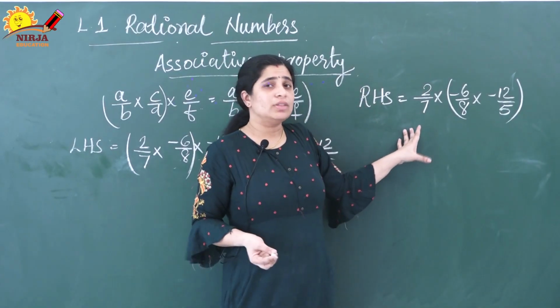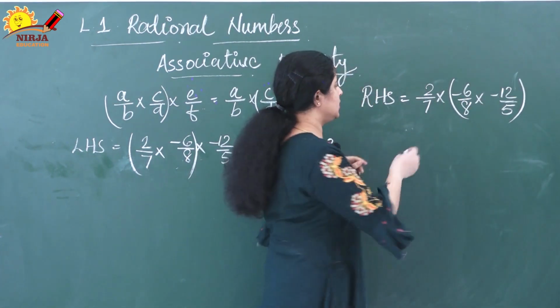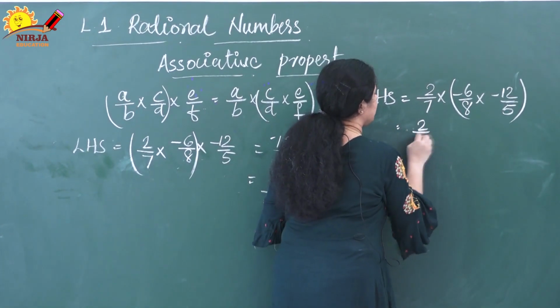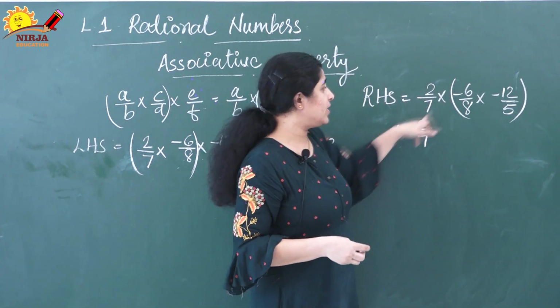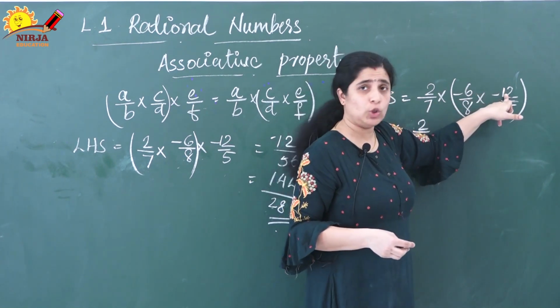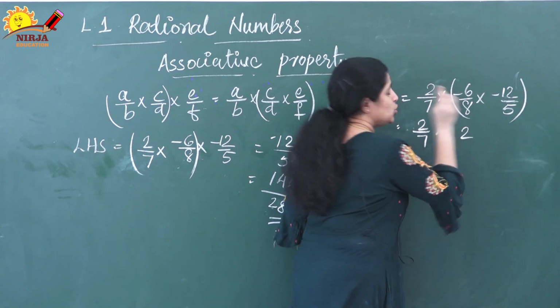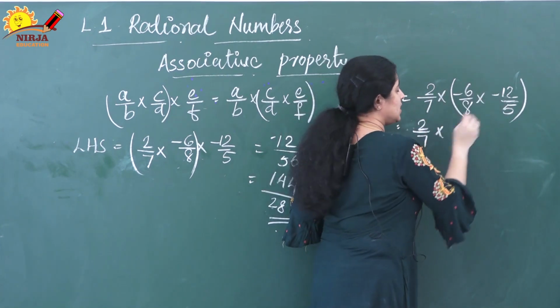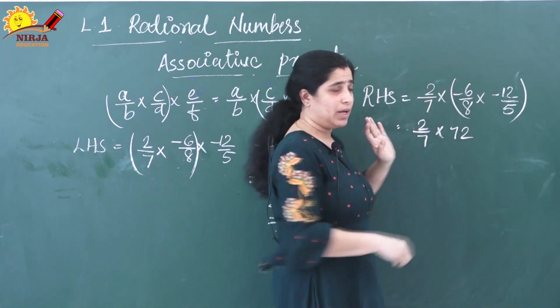Now we will solve the RHS. That means the last two numbers I am going to multiply. The first number I am keeping as it is, that means 2 by 7. Now you have to multiply these two numbers, numerator with numerator. 6 twelves are 72, minus minus plus.